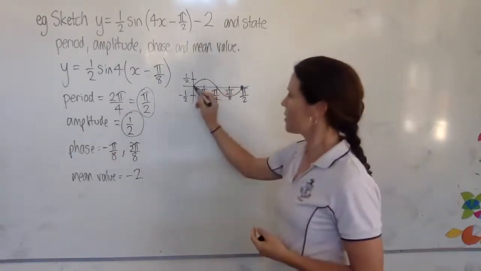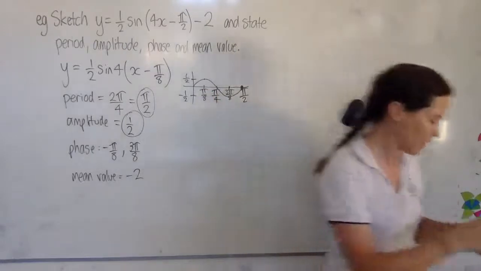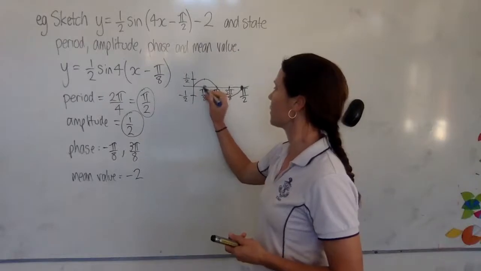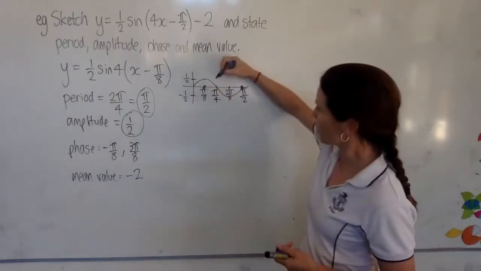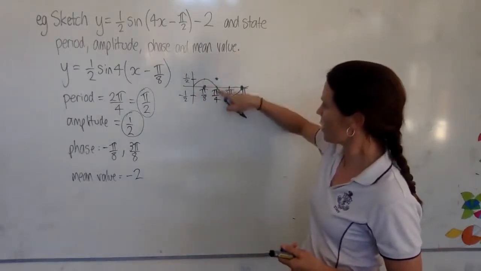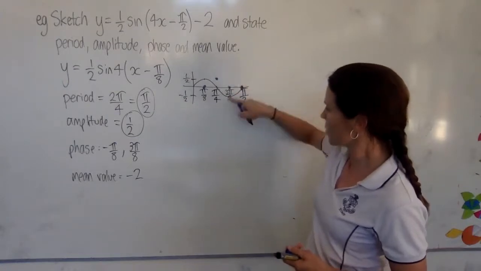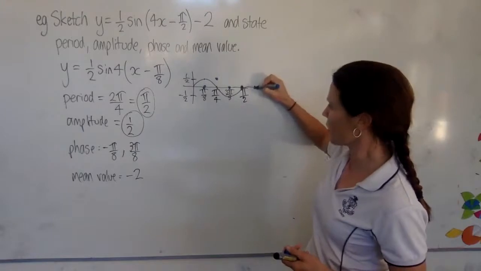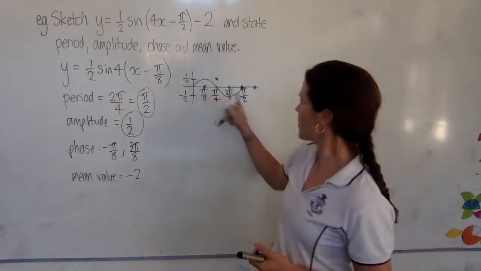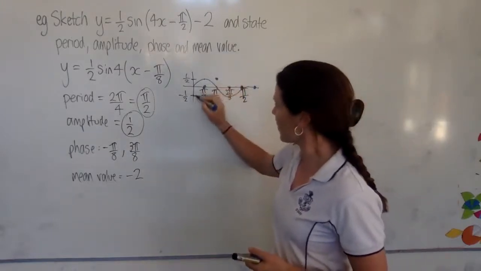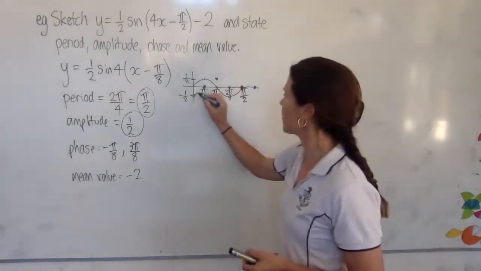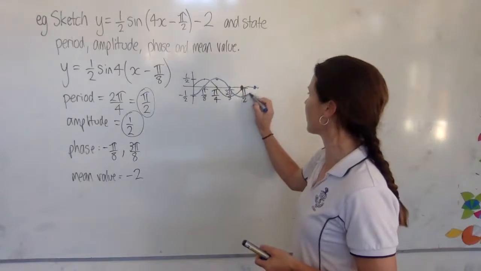So that means that this point, if I grab another colour, is going to move along to here. And this point is going to move along to here, and this point will move to here, this one will move to here, and this one will move along past where I went to already. And obviously I can see what's happening now with my wave. This will now be a low point, won't it? So now I can see that my curve is going to need to look something like this.